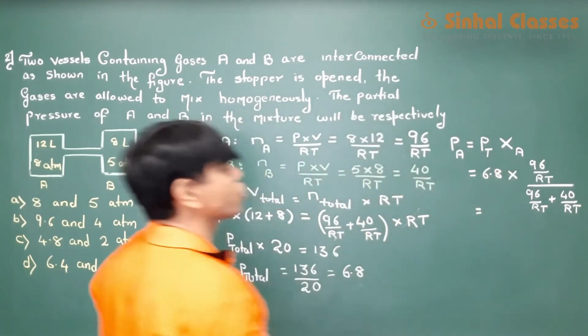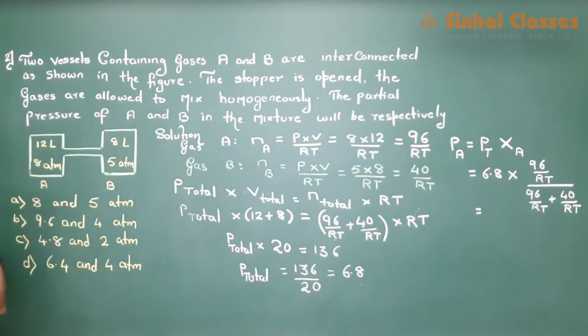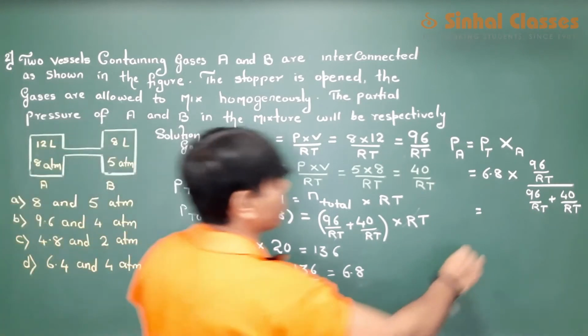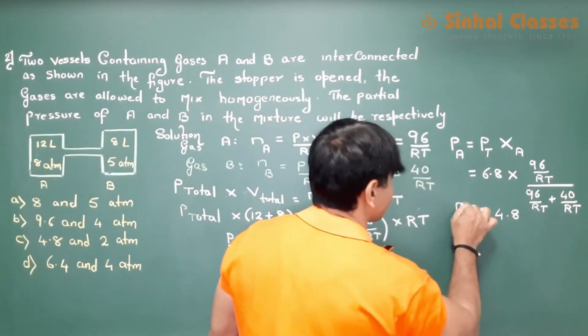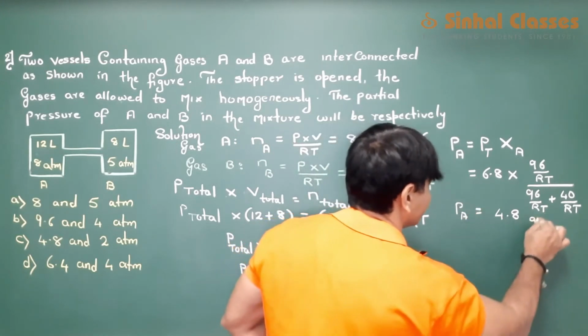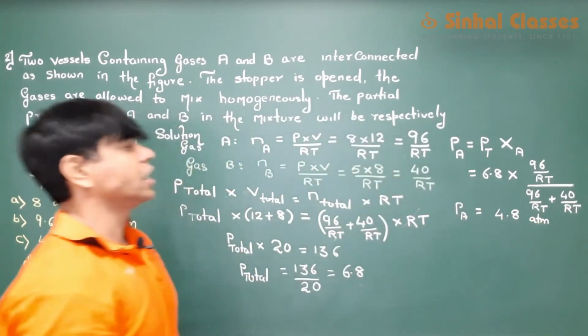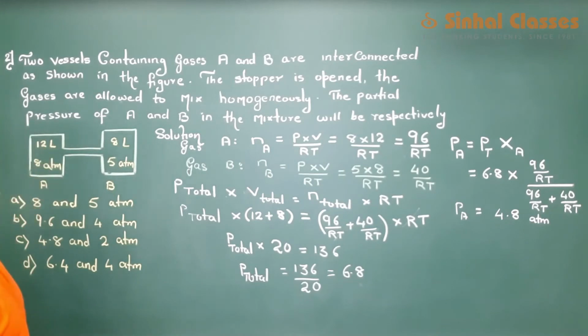Now, when you solve this, you will get 4.8 atmosphere as the partial pressure of A. This much atmosphere is the answer for A.